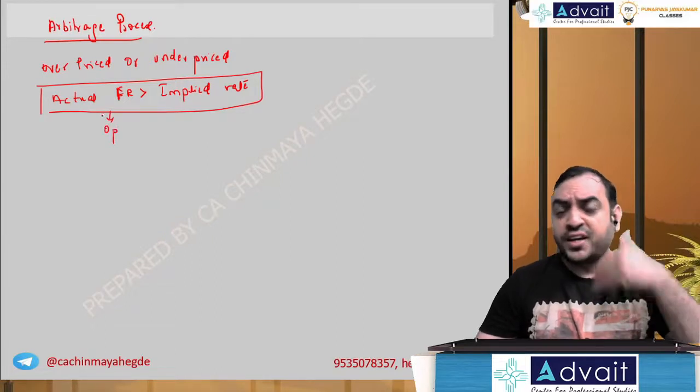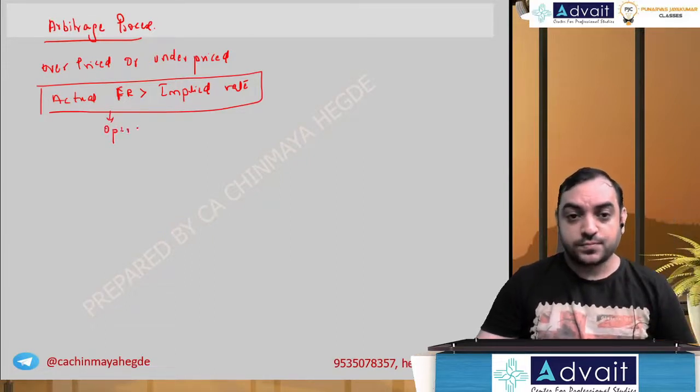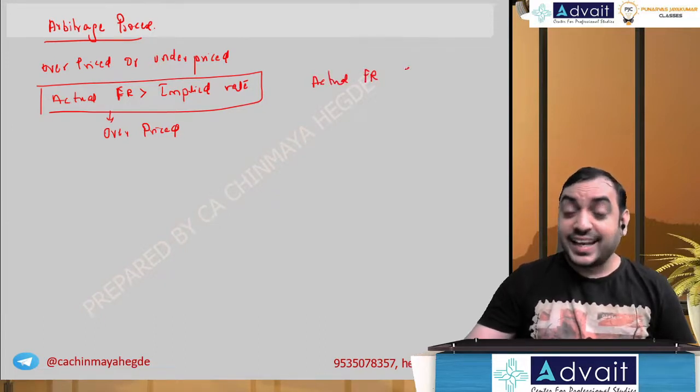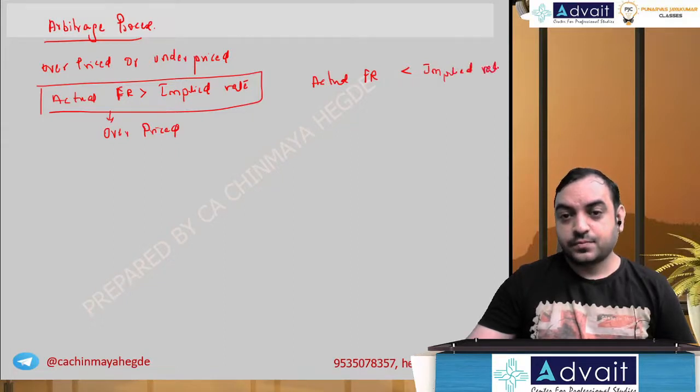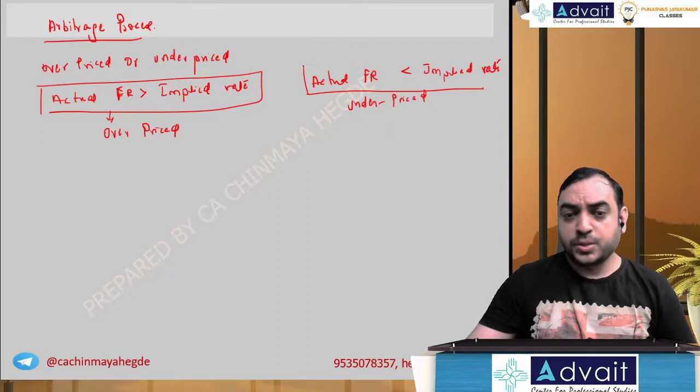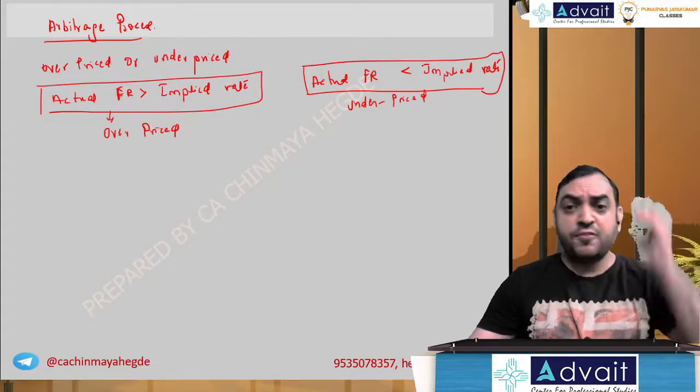And if the actual forward rate is less than the implied rate, then it is underpriced. Too simple a process, just like the way we have done in futures also.